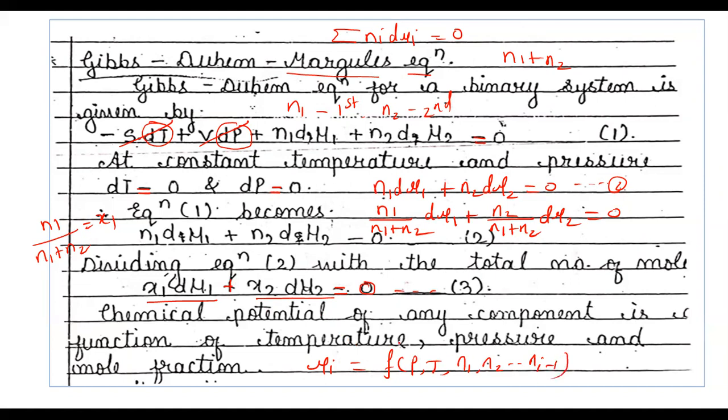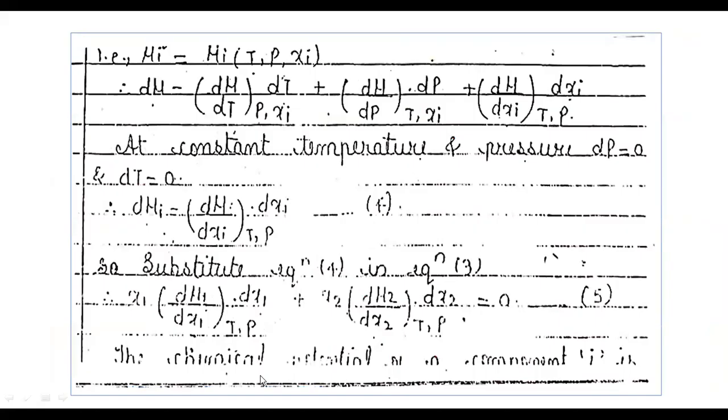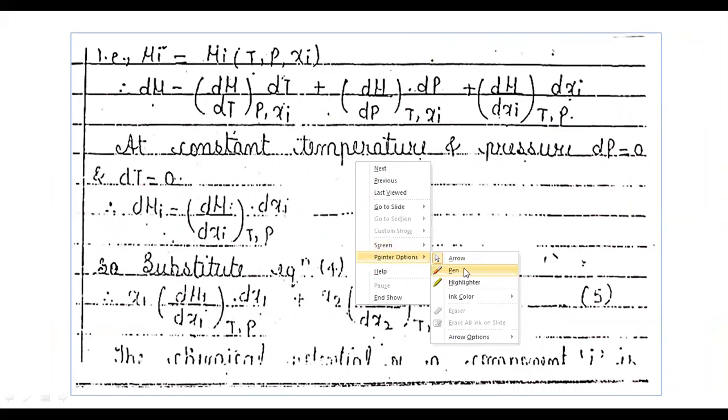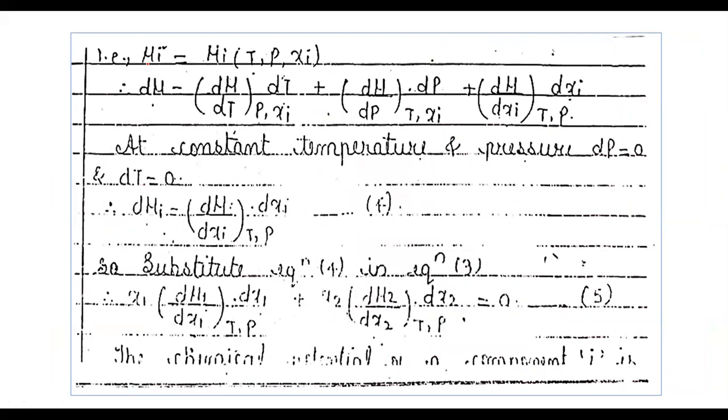Or we can write it in this way: the chemical potential of the ith component is a function of temperature, pressure and mole fraction or number of moles.